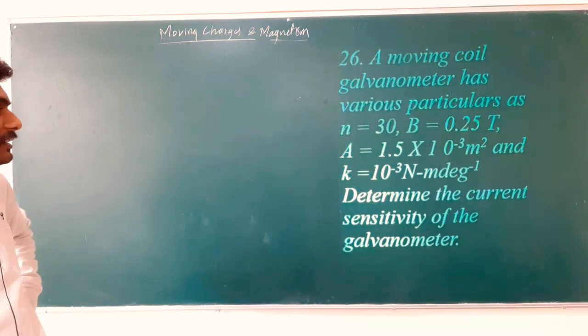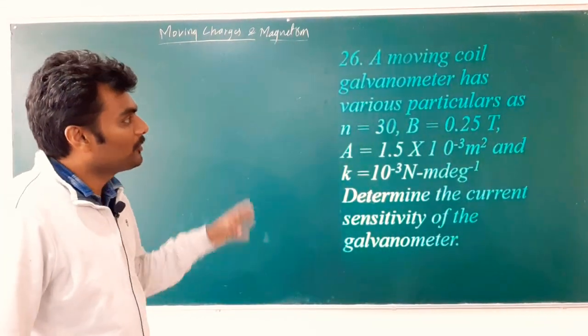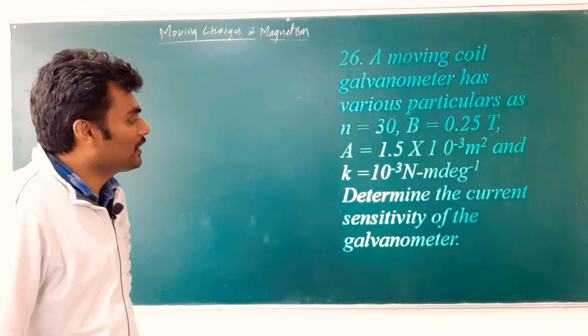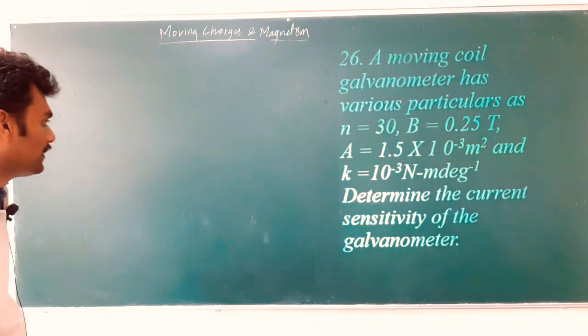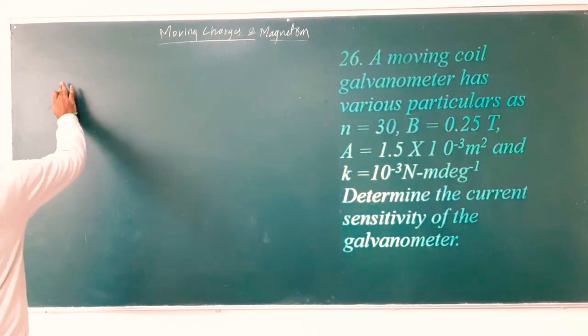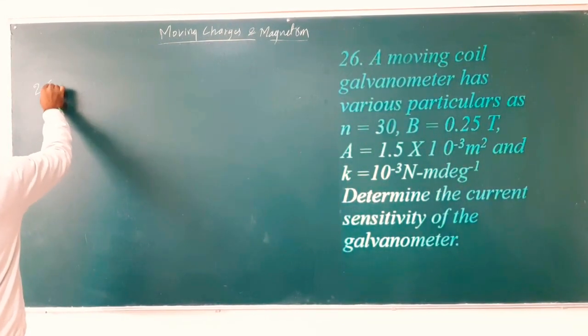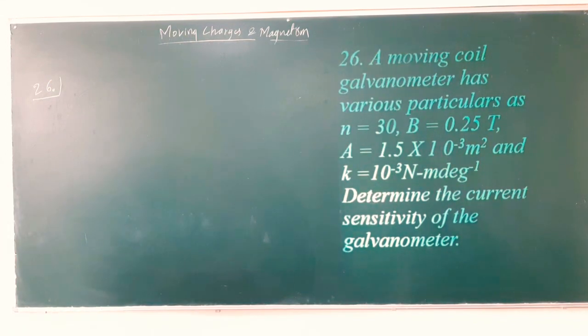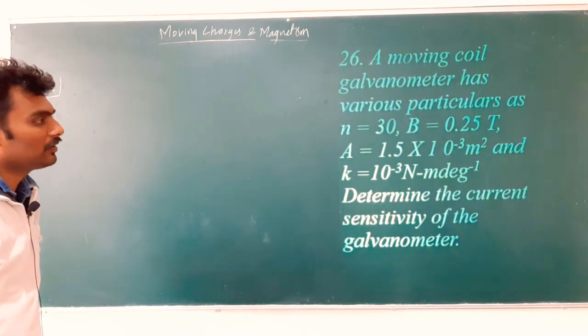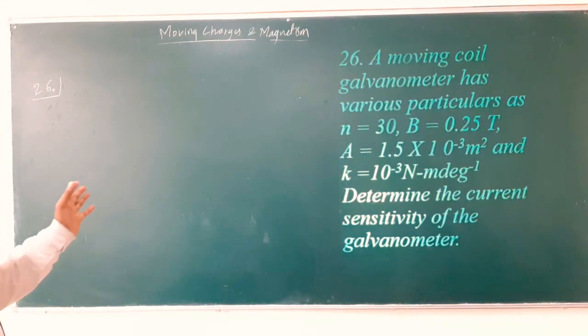So, we all know that the question is based on the moving coil galvanometer and we are asked to find the current sensitivity, right? Fine. We have the expression for the current sensitivity of the moving coil galvanometer directly. I don't need to write the given data once again, it's all given.